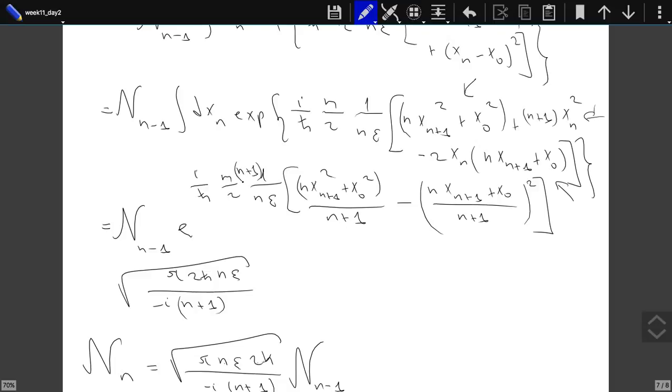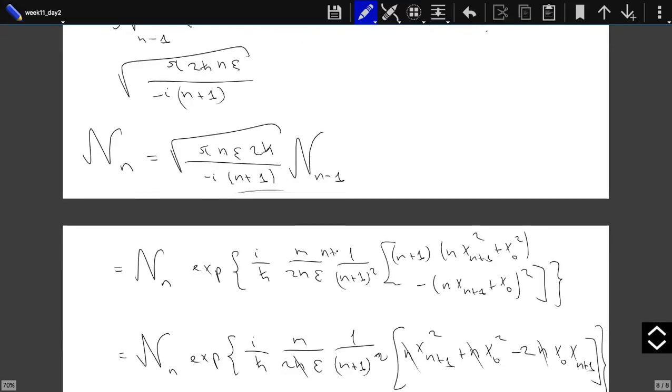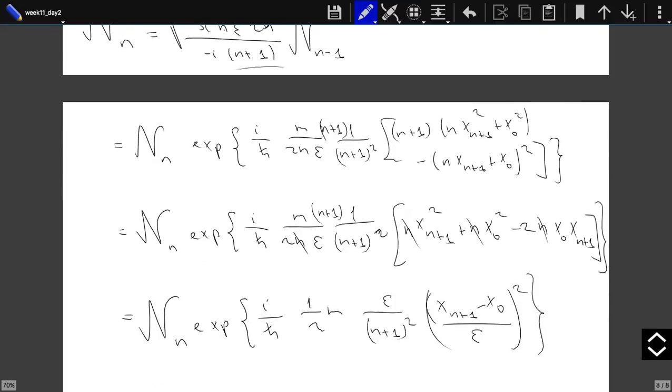So I'm taking this n plus 1 out of this parentheses, so it should be still here, and this is what is left inside. So I forgot a factor of n plus 1. So this cancels one of these, so I don't have that. So basically my initial assumption was correct.